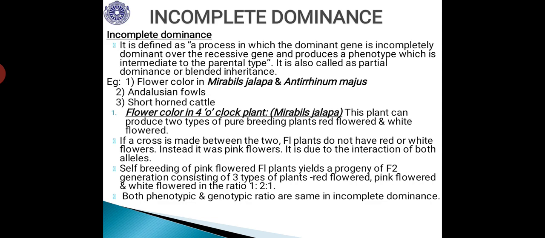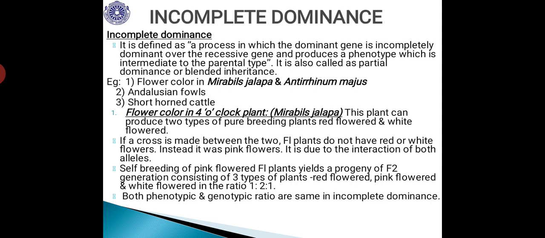The self-breeding of these F1 pink flowered plants yields an F2 generation consisting of three types of plants, red flowered, pink flowered and white flowered, in the ratio of 1:2:1. That is, one red flowered plant, two pink flowered plants and one white flowered plant will be produced in the F2 generation.